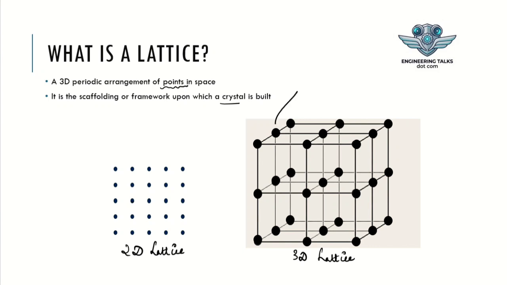Here these are points known as lattice points. These are not the atoms, these are lattice points. Once we associate each of these lattice points with the actual atoms or ions, we get the actual crystal.